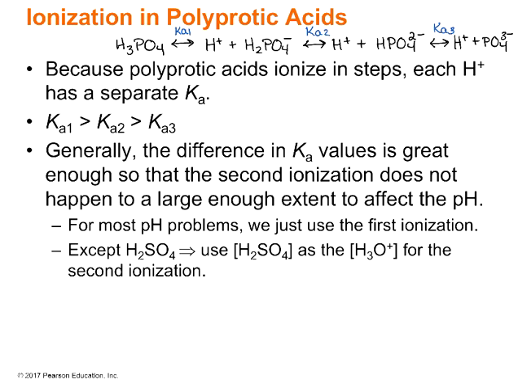Now, that first loss of hydrogen is actually the easiest loss of hydrogen. So phosphoric acid is going to be more acidic than dihydrogen phosphate, and dihydrogen phosphate will be more acidic than hydrogen phosphate, which is a 2 minus.